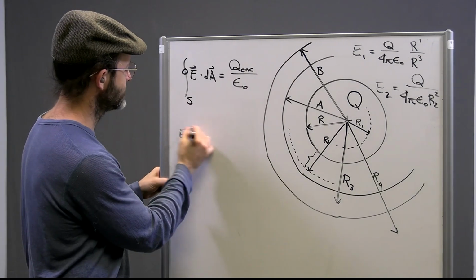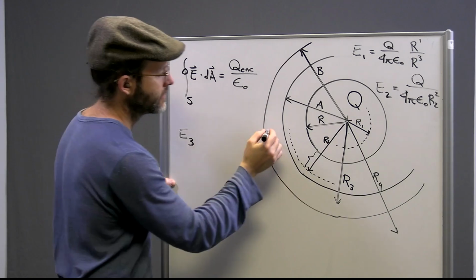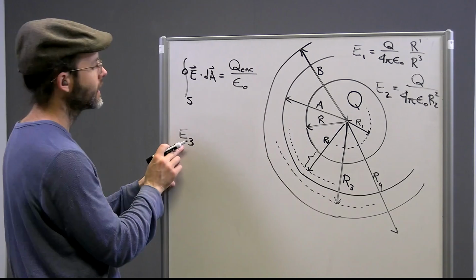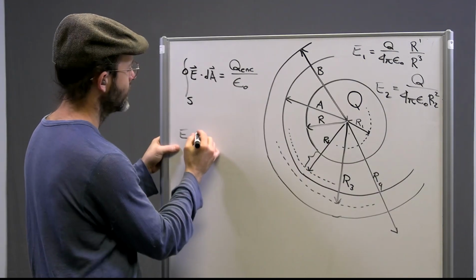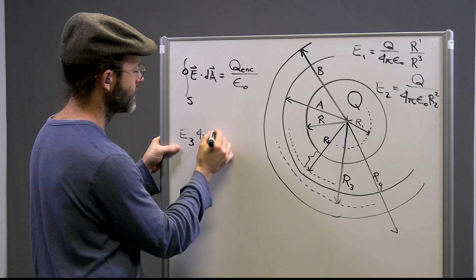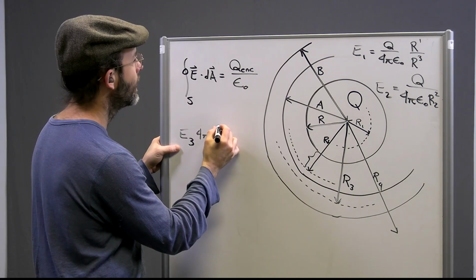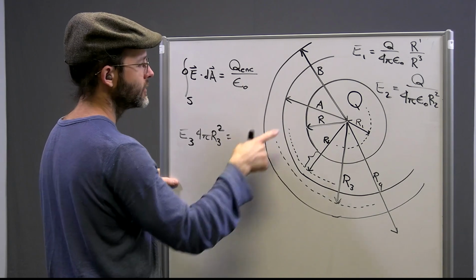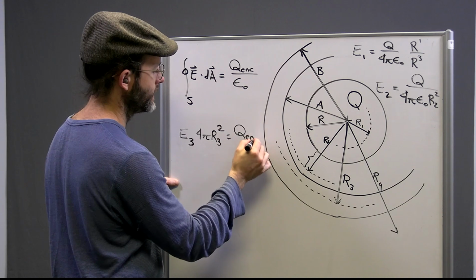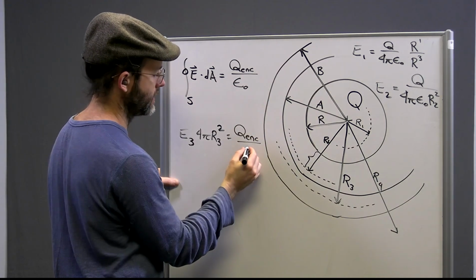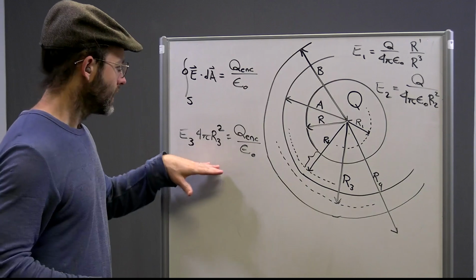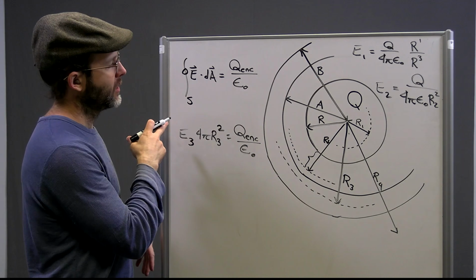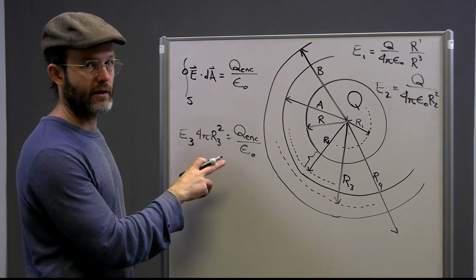And we're going to say, to start, that E3, where this now is our imaginary Gaussian surface, E at R3 times 4 pi R3 squared, yep, is equal to Q enclosed. I'm going to write it again, just as it is here generically, as Q enclosed over epsilon naught. Okay, so we don't have many surprises here, at least not yet.